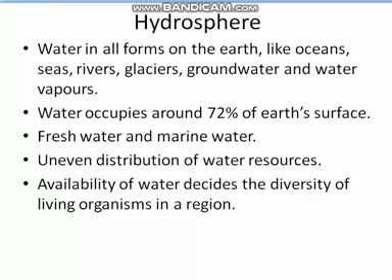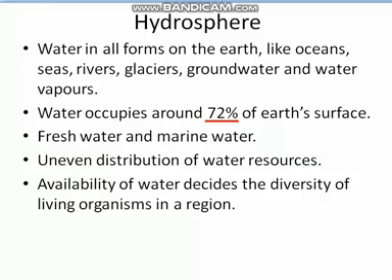When we talk about the overall percentage of this water on the earth's surface, it's around 72%. That means 72% of the earth's surface is occupied by water. And this water is divided into two types, fresh water and marine water. First of all, let's talk about marine water.